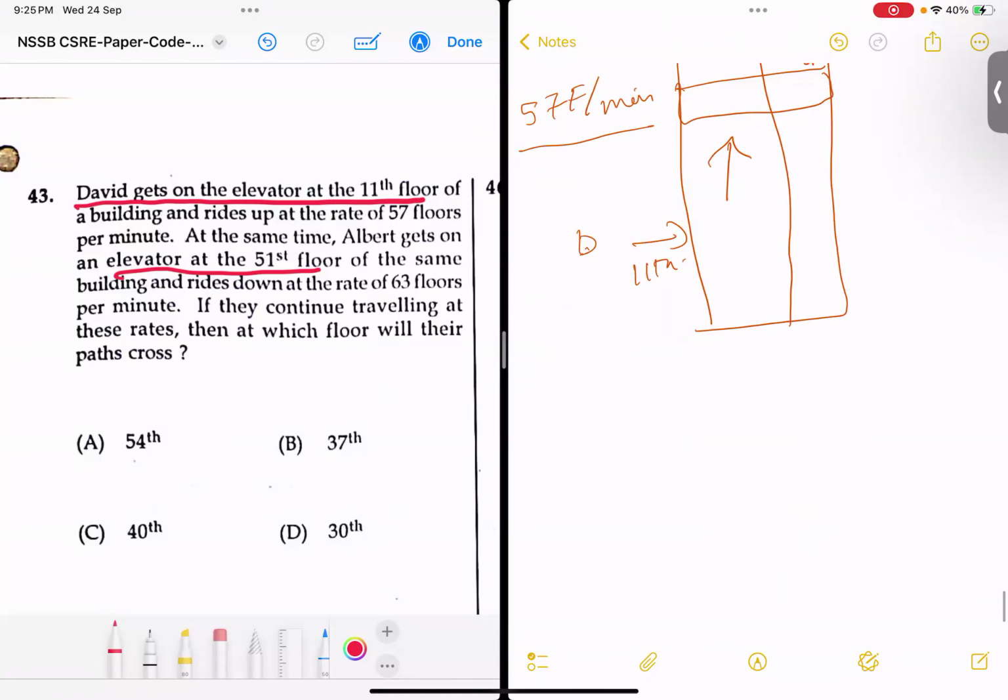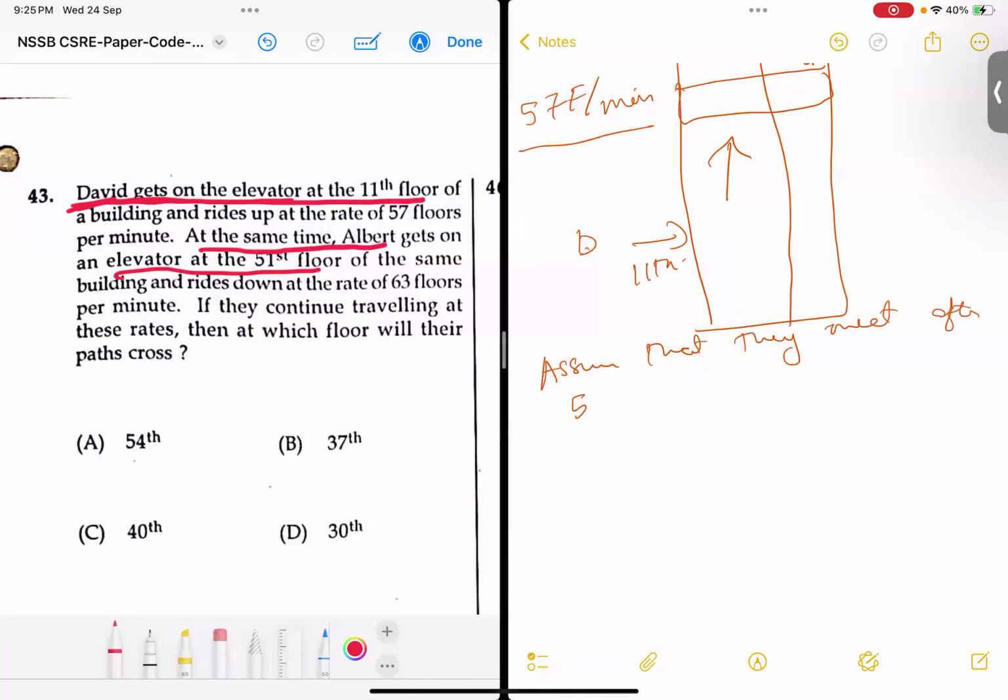Now, we'll just assume one thing here. Assume that they meet after some time. You have to remember that when David entered the elevator, at the same time, Albert also entered the elevator, which means they're entering the elevator at the same time, okay?